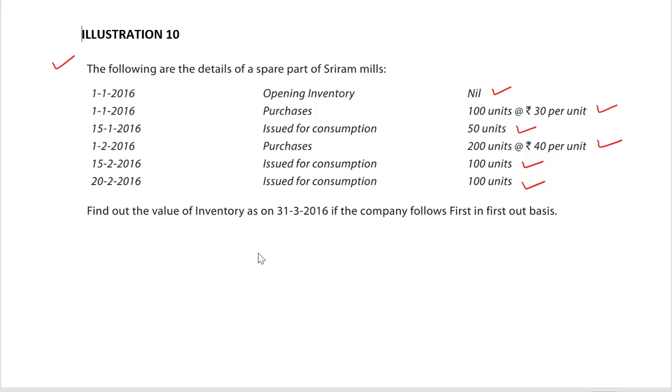Find out the value of inventory as on 31st March 2016 if the company follows FIFO.